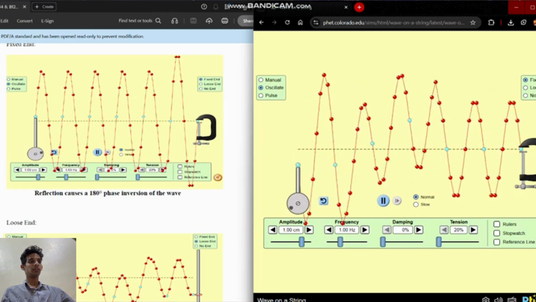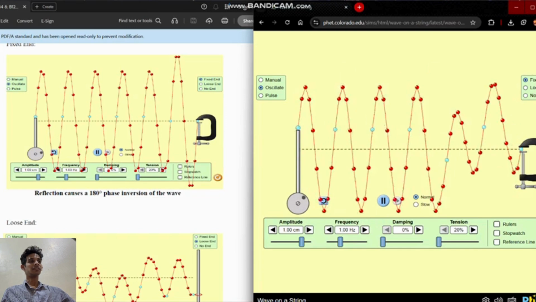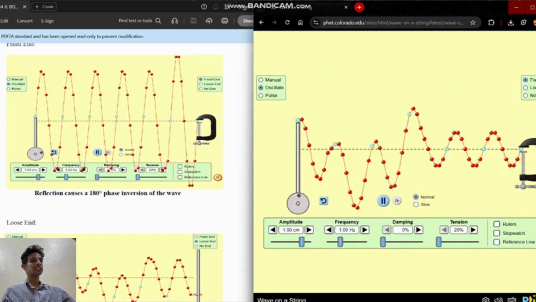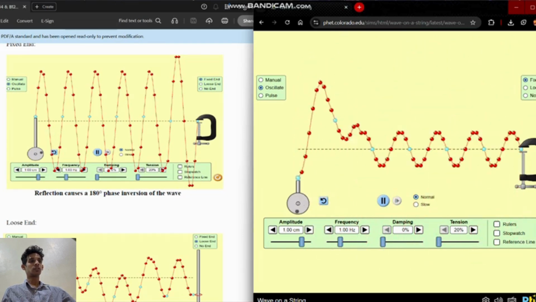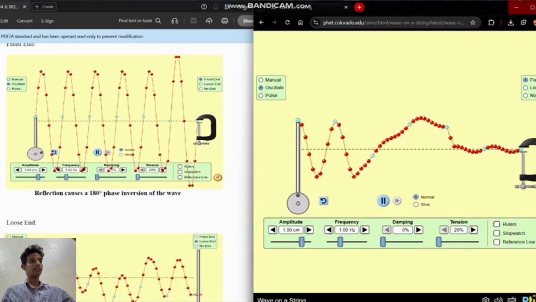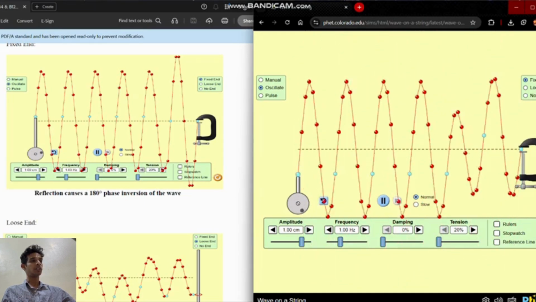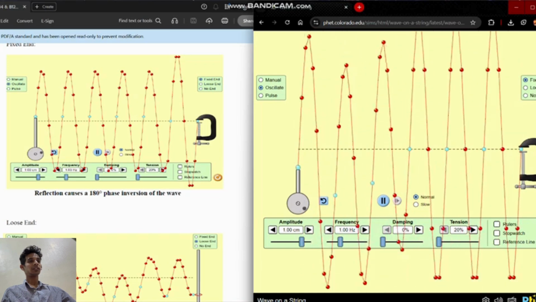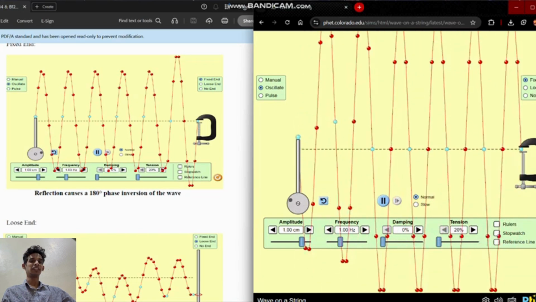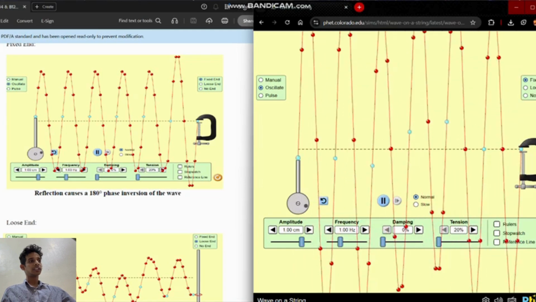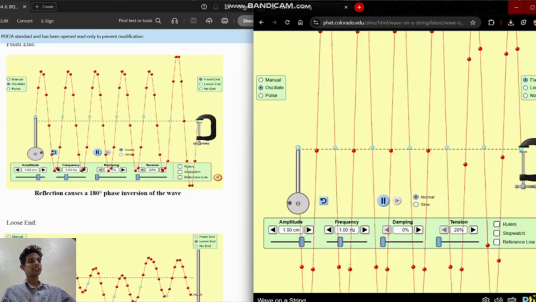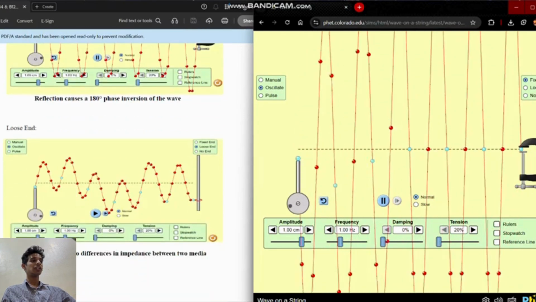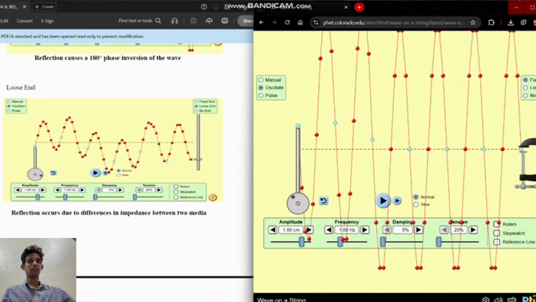You can see the difference around here. At the fixed end, the boundary cannot move. It means the reflected wave is inverted, and you can see the 180-degree phase change. A trough returns as a crest. This happens because the boundary applies an equal and opposite force to the wave.